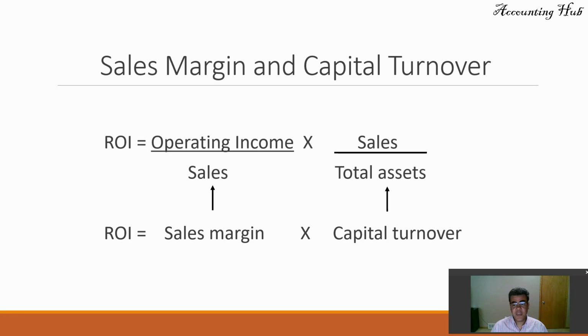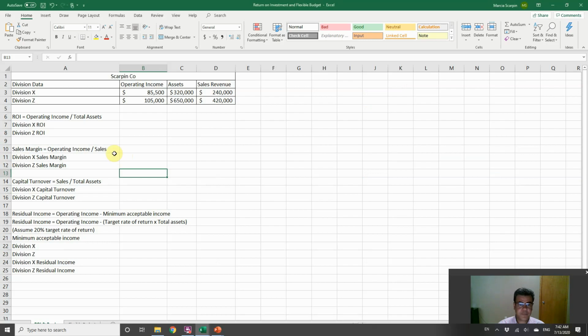And here, if we add sales, dividing operating income and multiplying total assets, we will have two more ratios, sales margin and capital turnover. So our return on investment is high or low because of sales margin and or capital turnover.